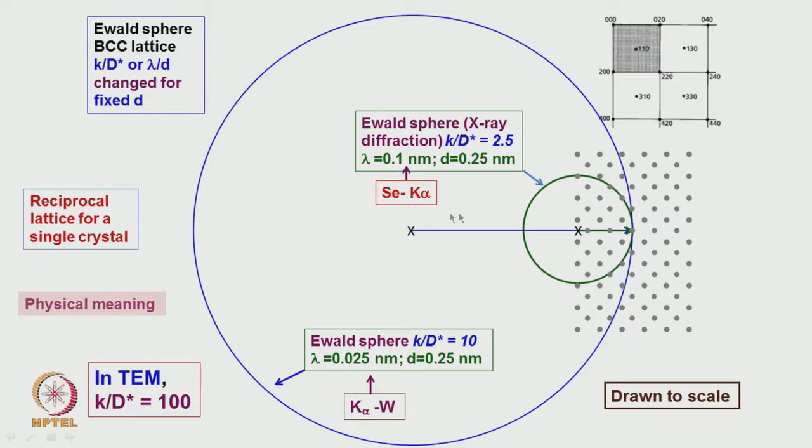When it becomes 100, you can imagine where exactly it is going to be. Then almost a reciprocal lattice plane is what is cutting the Ewald sphere. So, all the spots on that surface will give rise to diffraction.